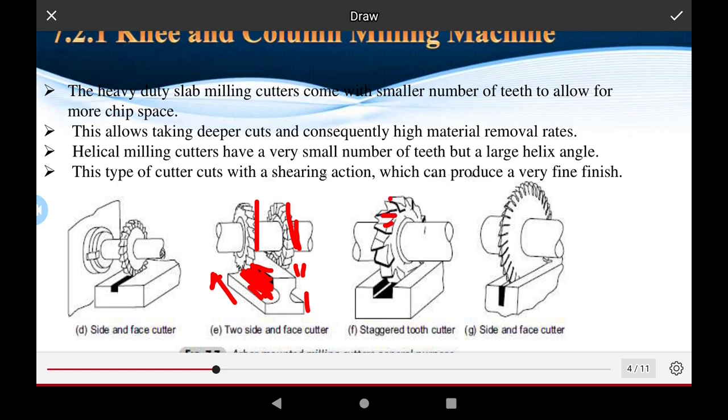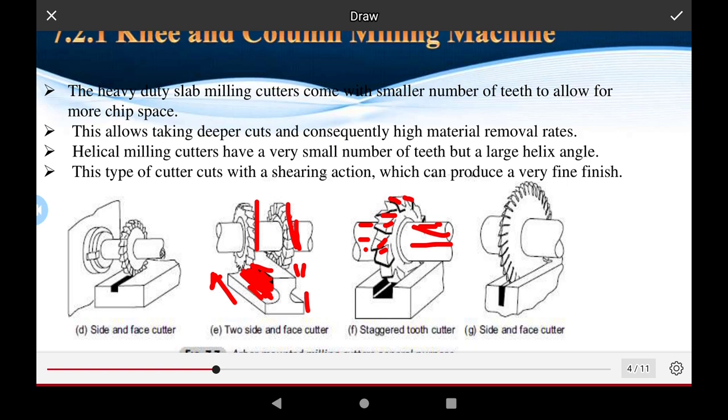The teeth are also set at some angles. The milling cutters are mounted on the shaft, and the shaft rotates at some rpm. The tools perform the operation on the workpiece.